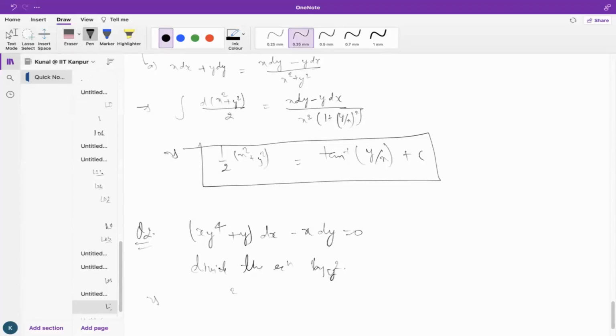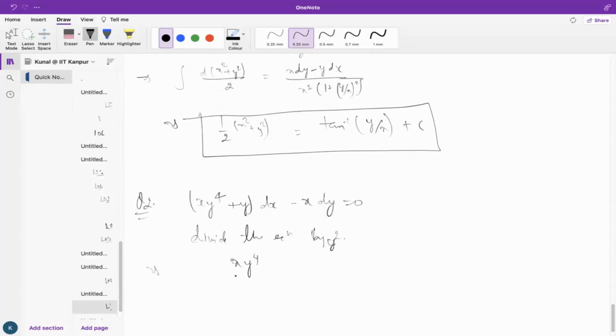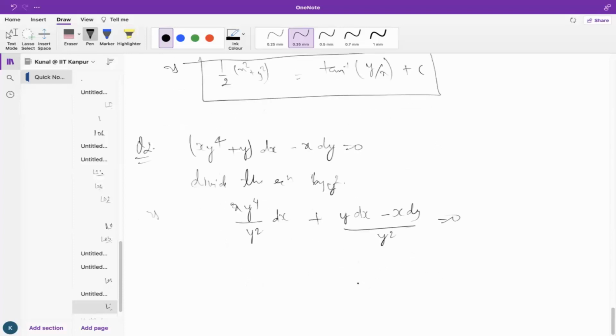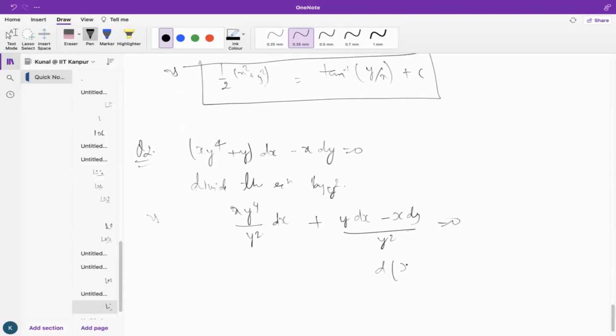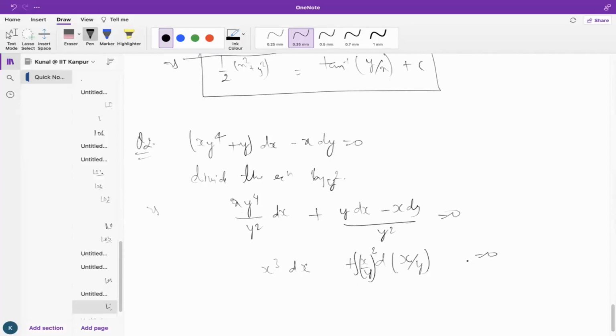So now what we can do is x y to the power 4 by y square dx plus y dx minus x dy by y square. This is nothing but d of x by y. And here we get x cube dx, and here we get d of x by y, is equal to 0. Okay.